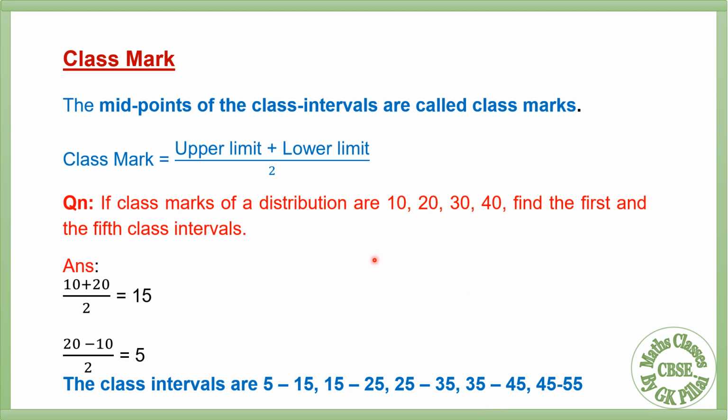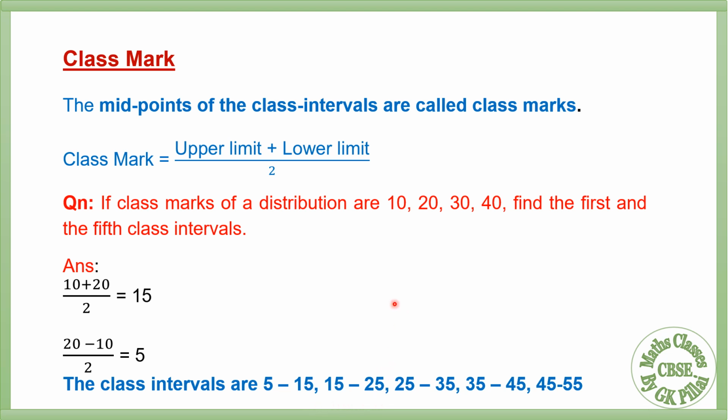I can give you another way also. The difference between the two is 10. 10 divided by 2 will be 5. 10 minus 5 will be 5. 10 plus 5 will be 15. So the first class interval will be 5 to 15 and the next you can write easily.